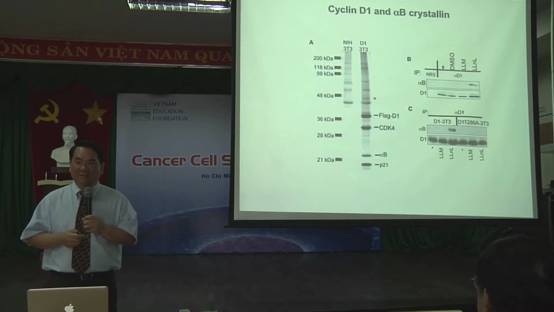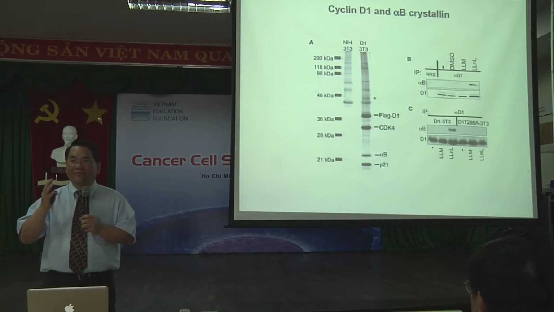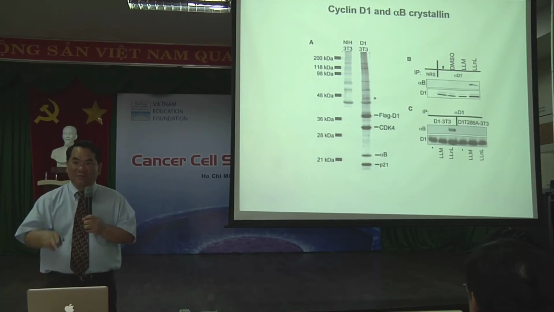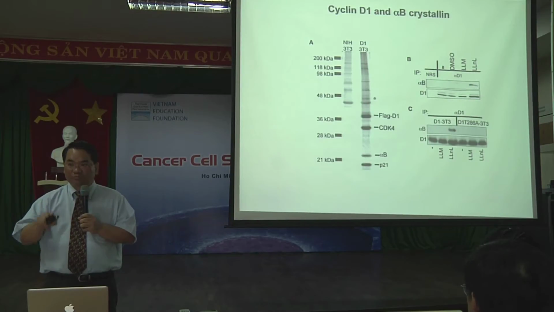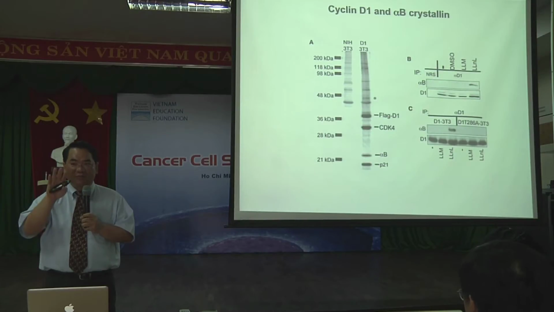So this is the biochemical way to identify protein association. Say you have a protein A, and you want to find any protein associated with protein A. You immunoprecipitate using an antibody against protein A. Any protein associated with protein A will be immunoprecipitated, and then you run it on a gel.